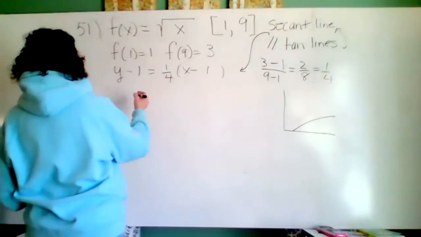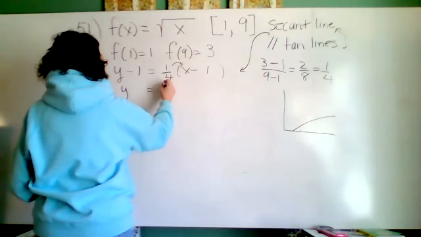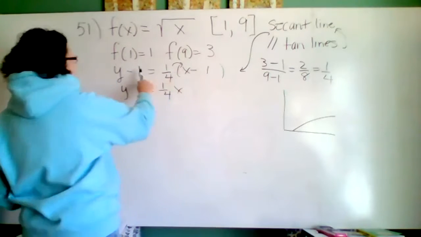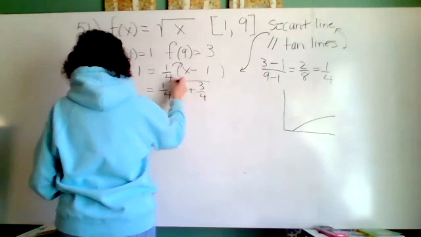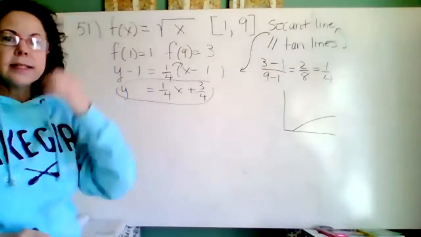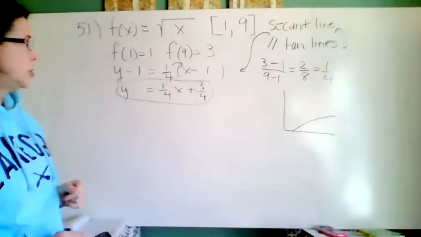Let's go ahead and do it though. So y equals 1/4 x, and I have minus 1/4 plus 1, so plus 3/4. So there's the equation of the secant line. Is that okay so far, Dylan? Kind of pre-calculus, algebra 2-ish.